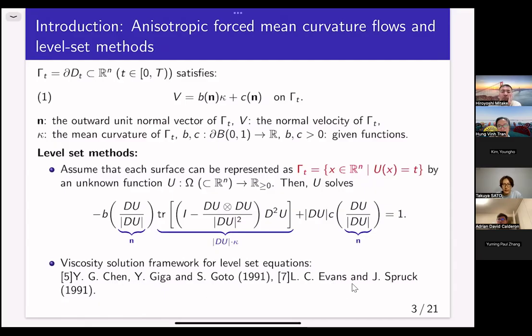In their frameworks, they studied some evolutionary type of level set formulation. But here we are interested in this stationary type formulation.